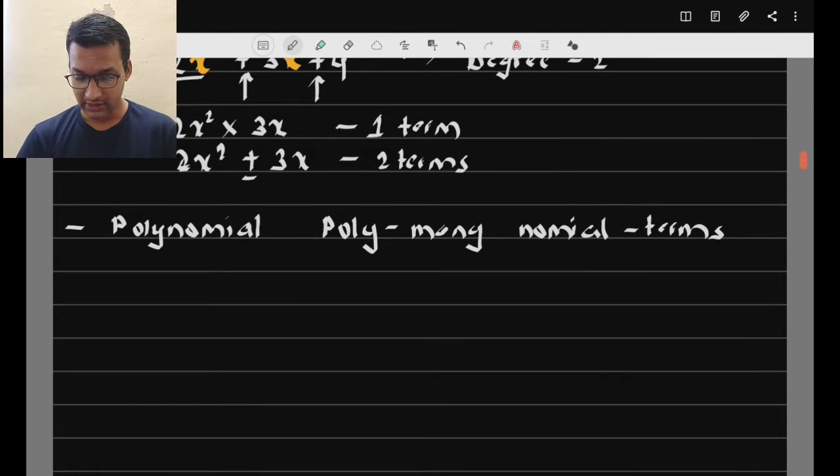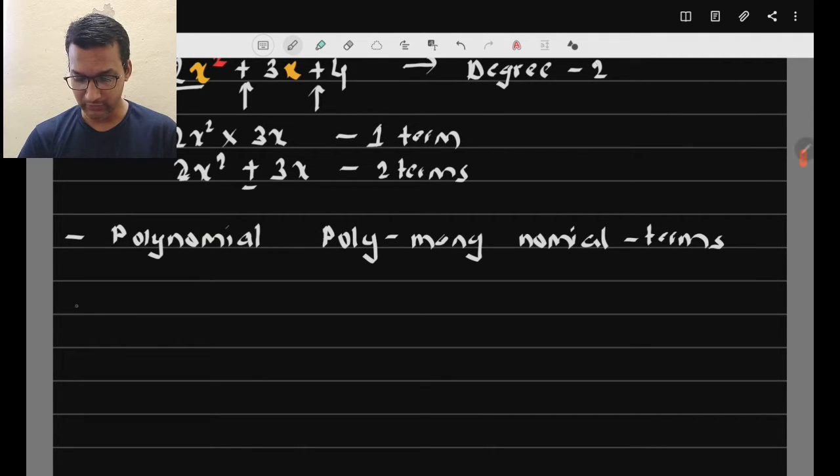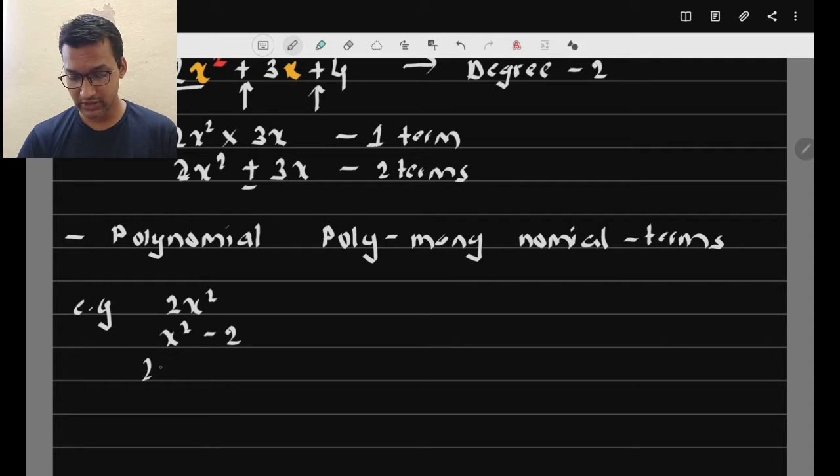Now, let us take examples. For example, 2x square. Here only one term is there, but this is also a quadratic equation. Or we can have x square minus 2. This has only two terms, but it is also a quadratic equation. Or 2x square plus 1x plus 3.